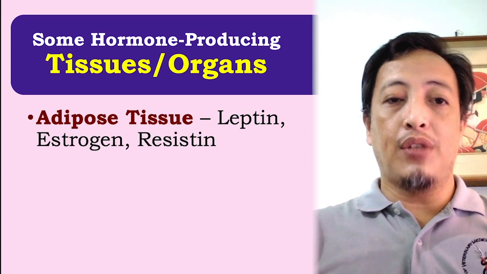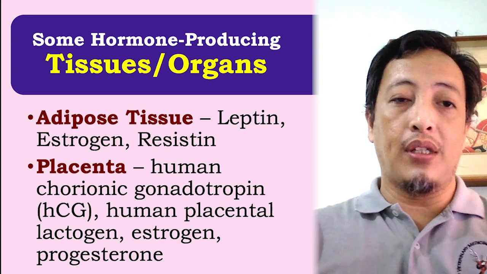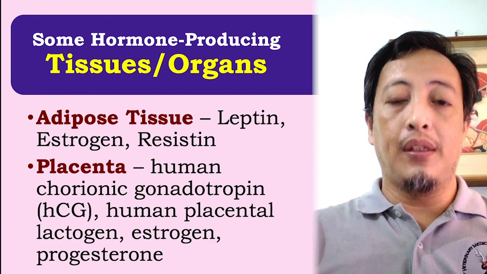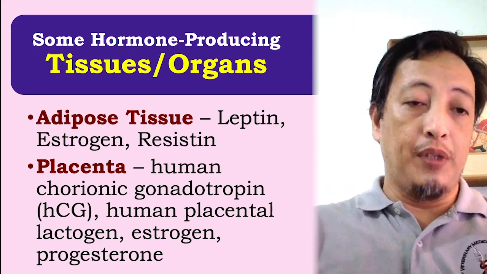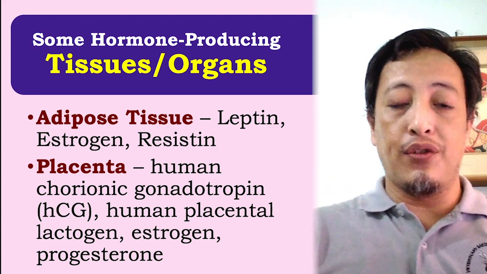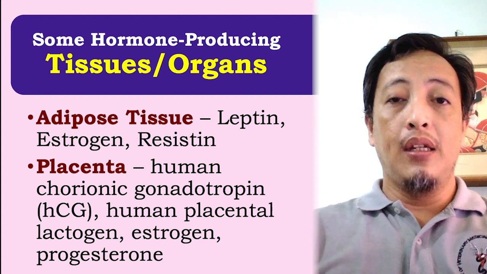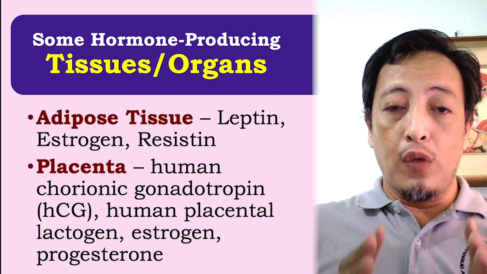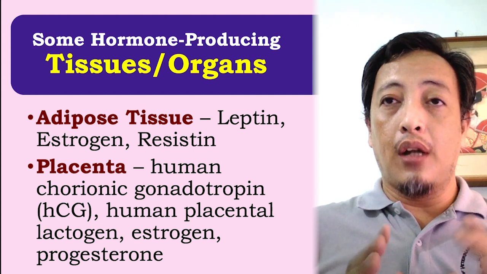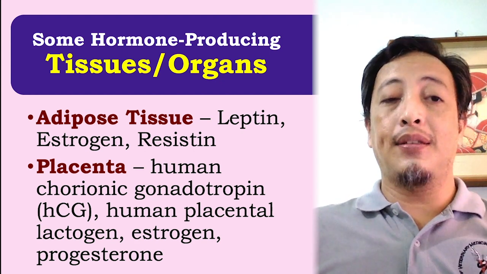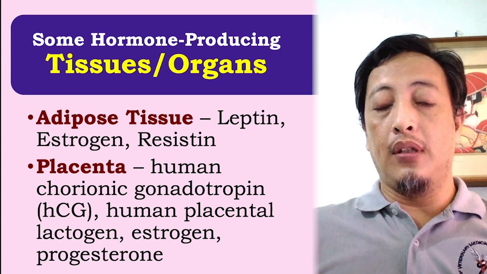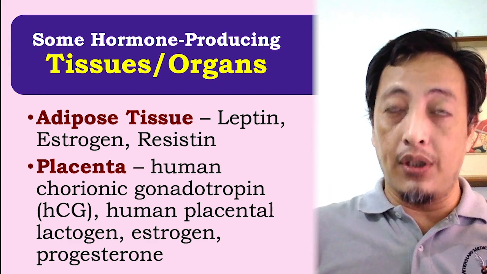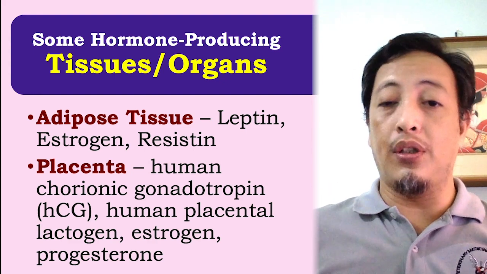And we have adipose tissues, which produce leptin, estrogen, and resistin, and placenta, which produces human chorionic gonadotropin, human placental lactogen, estrogen, and progesterone. Okay? So, just to emphasize, in endocrinology, we no longer are confined with the endocrine glands. We are discussing all endocrine structures. So, pag sila ay kinoconsider na endocrine structure, that means they produce certain hormones. Okay?